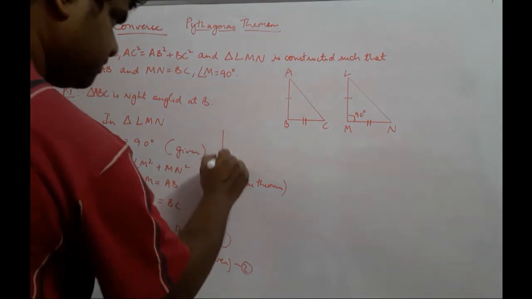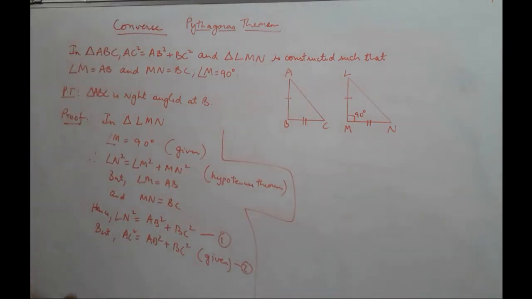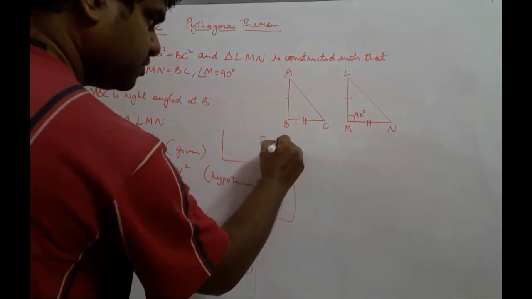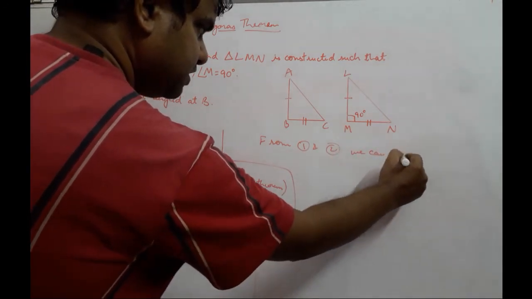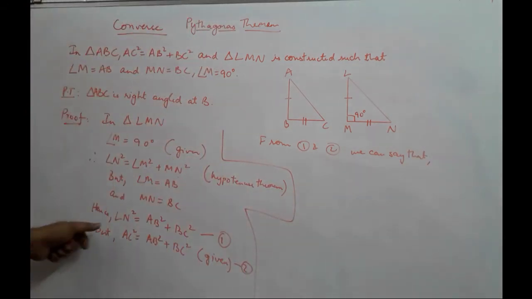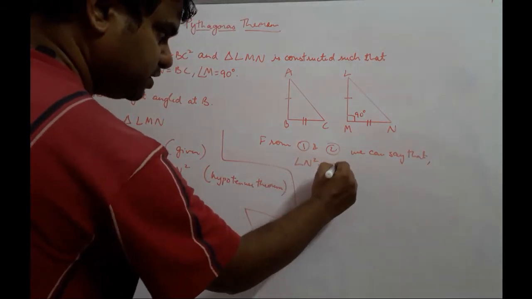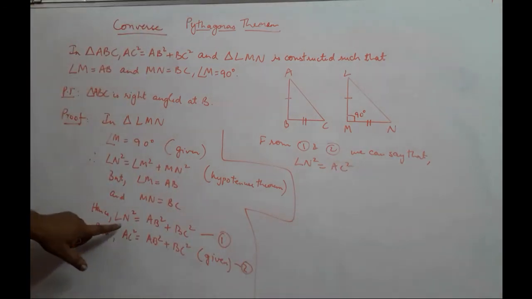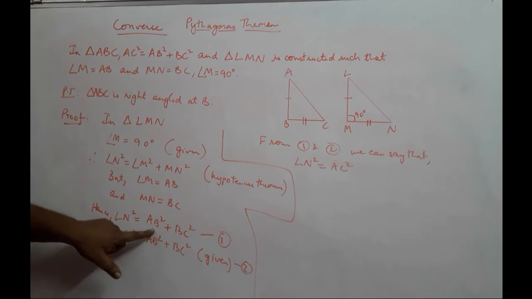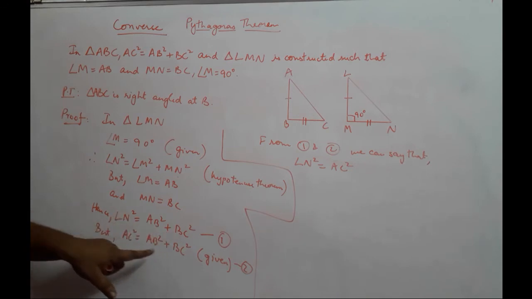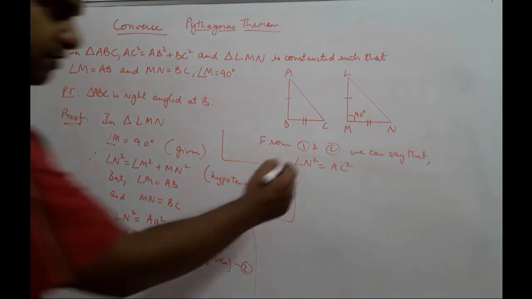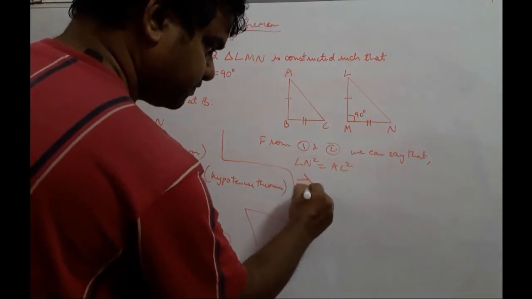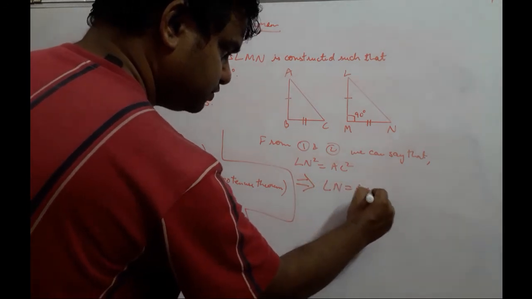So from 1 and 2 we can say that LN square is equal to AC square, because LN square is equal to AB square plus BC square, and AC square is also equal to AB square plus BC square. If they are equal to the same quantity, then the two are also equal to each other. So this implies that LN is equal to AC.